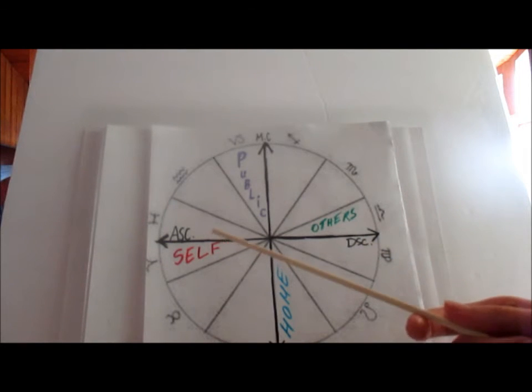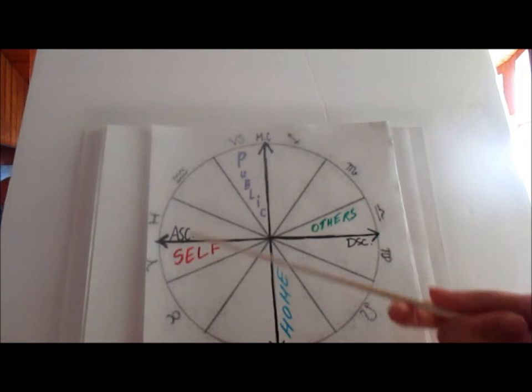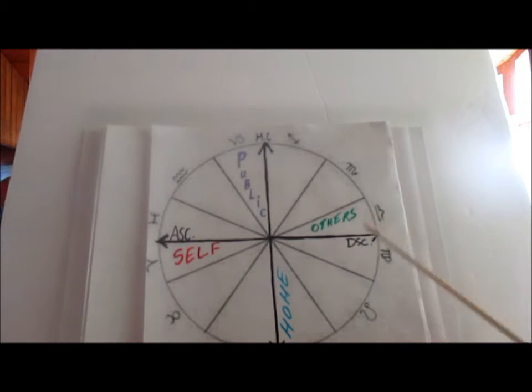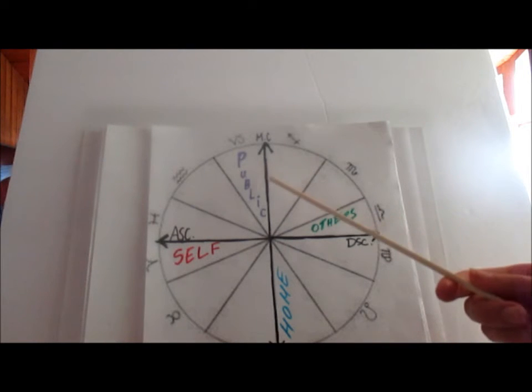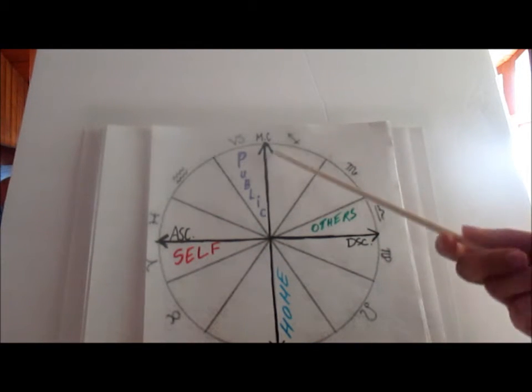So here, the ascendant represents the house of the self. Opposite to that, the descendant, relationship with others. The public, the outer self, the inner self, the home and family. So for us, we're only going to look at the ascendant and the midheaven.